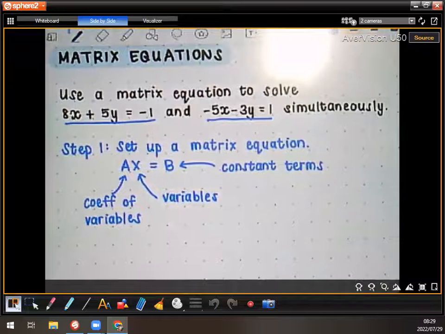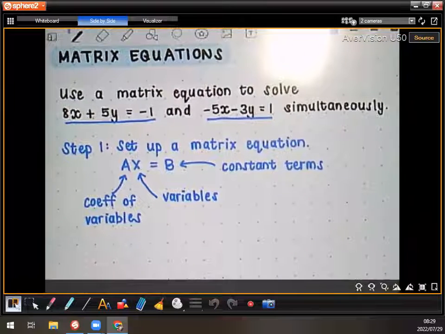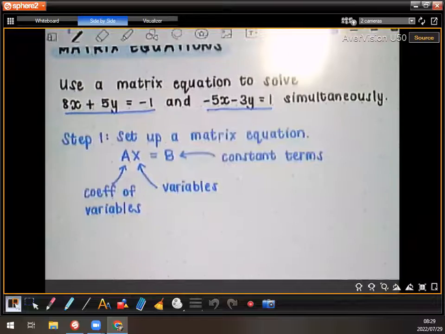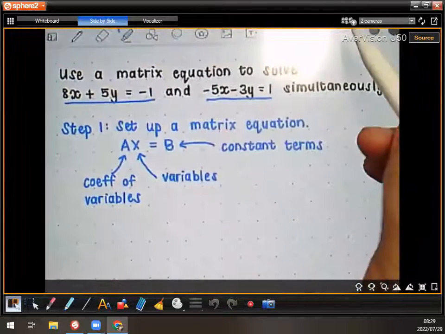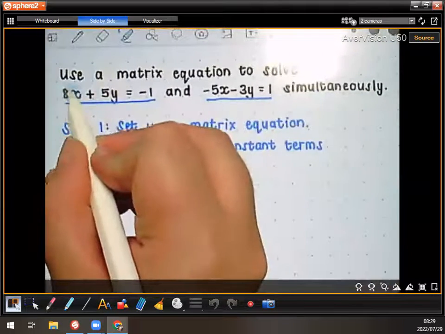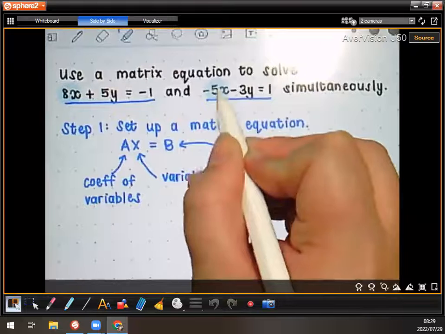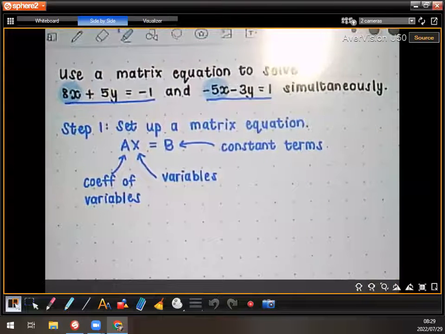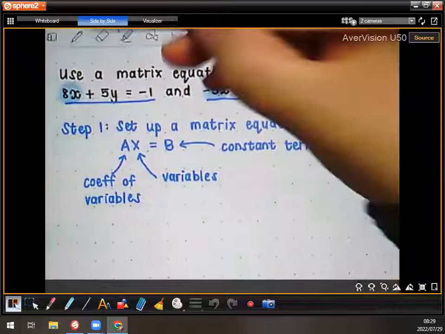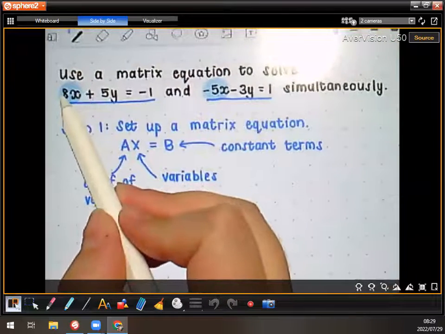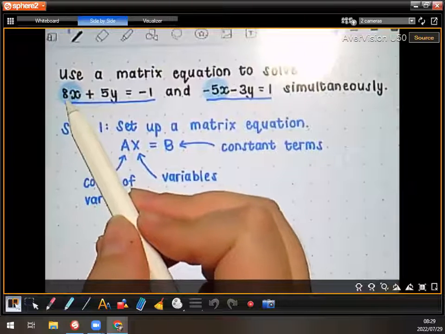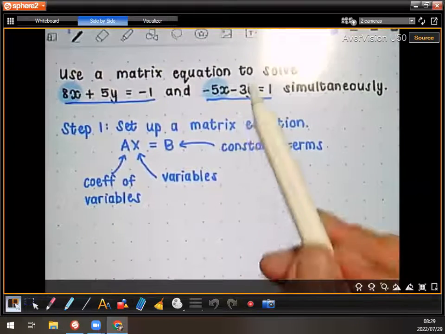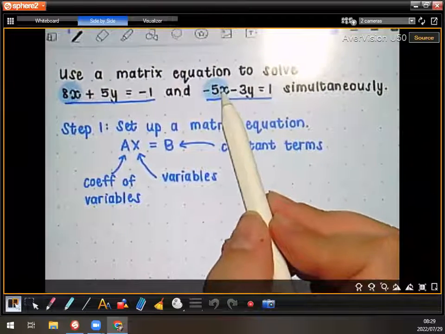So guys, for your A matrix, your first matrix that you're going to write down, what you're going to do is you're going to put the coefficients of the same variable next to each other. So we're going to put the two coefficients of the x term in the first row. Okay. So you're going to take, what is the coefficient of x in my first equation? 8. And the coefficient of x in my second equation is -5.